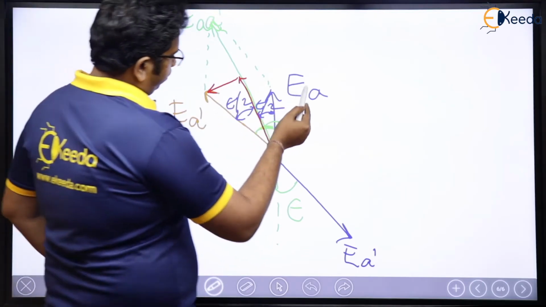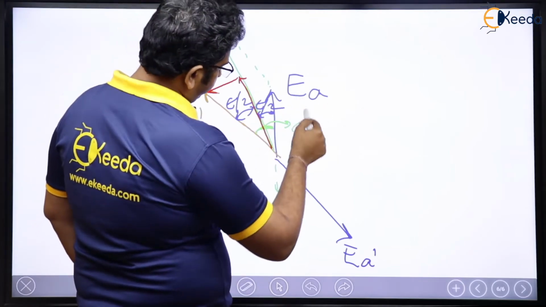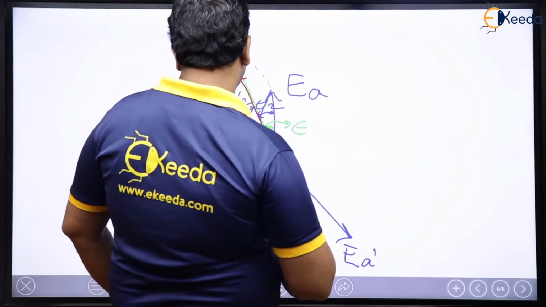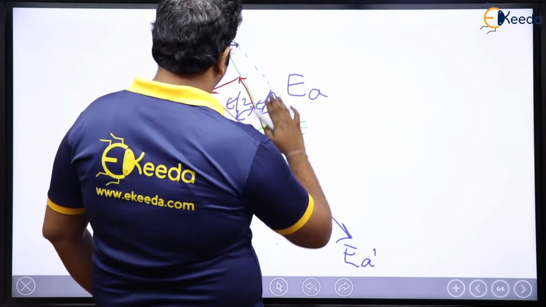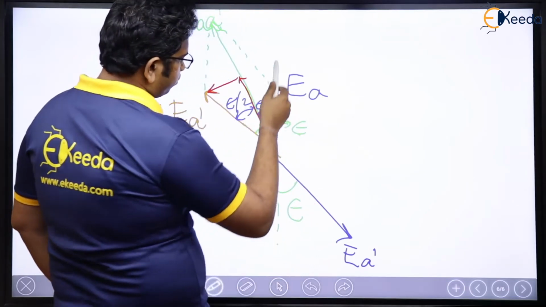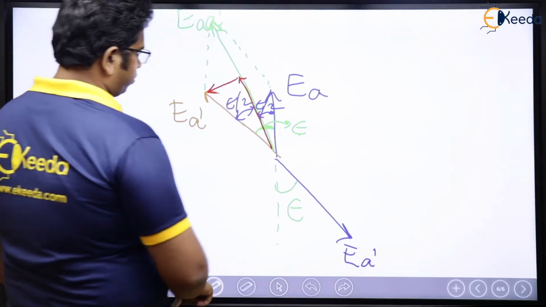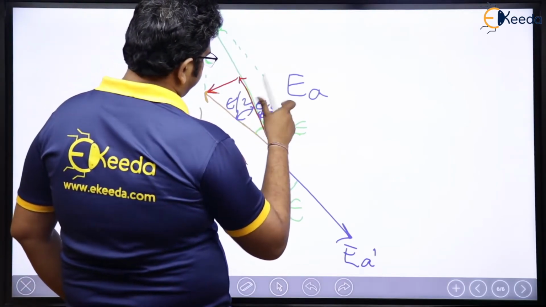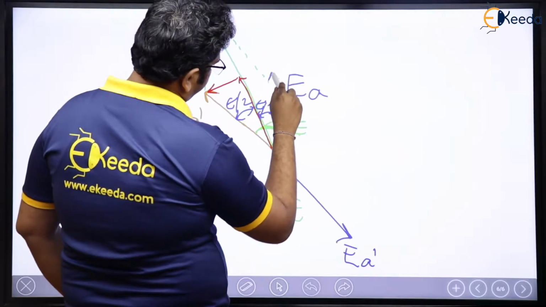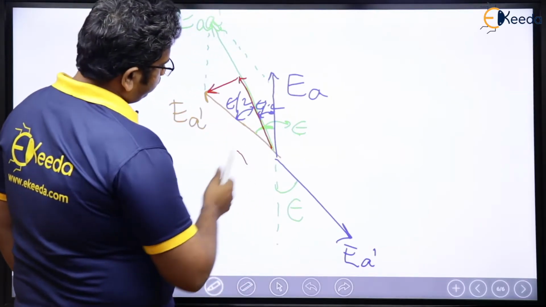Similarly, let me think for EA. If I think of EA, what is going to happen? This has to become quite big, right? If you think of size only, yes, this should be here.